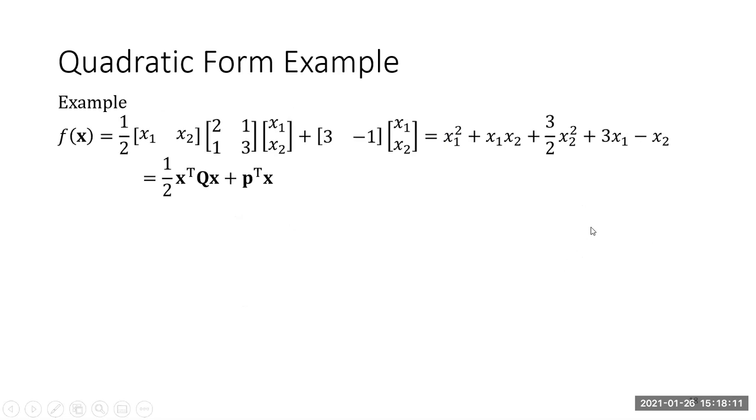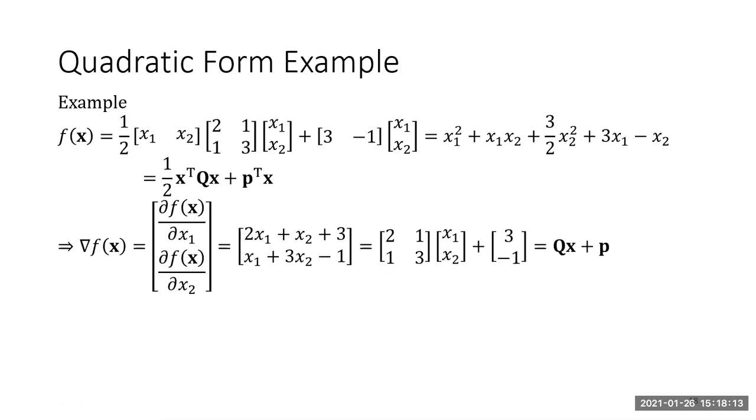Now we'll find the gradient and the Hessian. Gradient: what's the derivative with respect to x1 of this? 2x1, plus, what's the derivative of this term with respect to x1? x2, right?